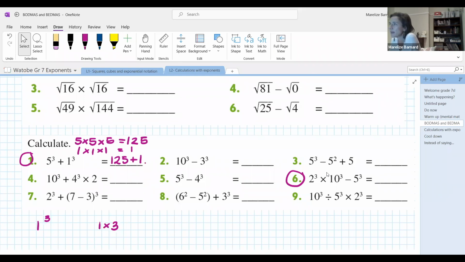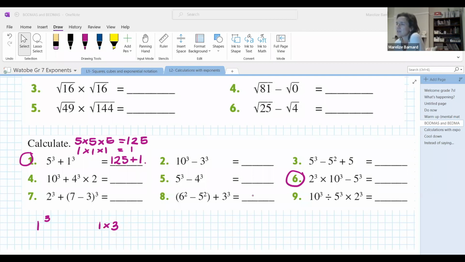Okay, there is a hand. Larona, you have a question? Well, everyone else carry on up to number 6. Ma'am, can you hear me? Yes. What is BEDMAS? BEDMAS is just order of operations, including exponents.